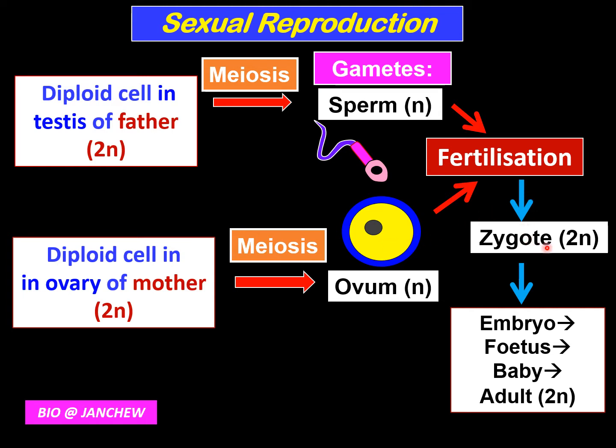So the zygote is a diploid organism, and it is actually the offspring of the parents.